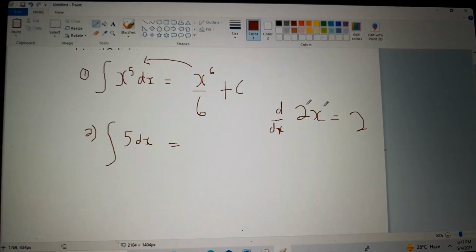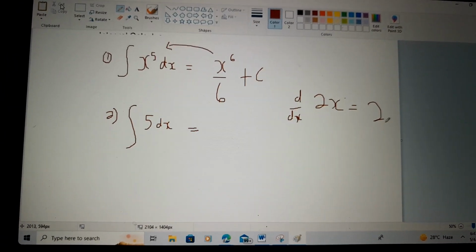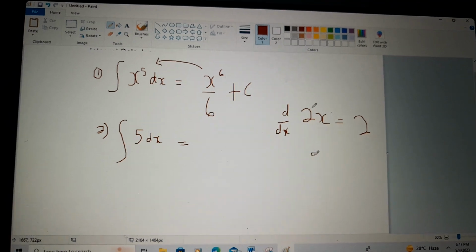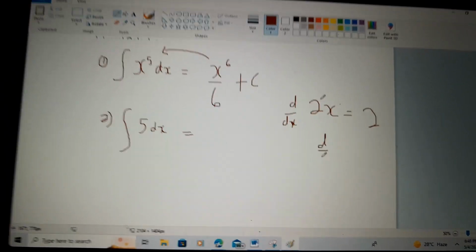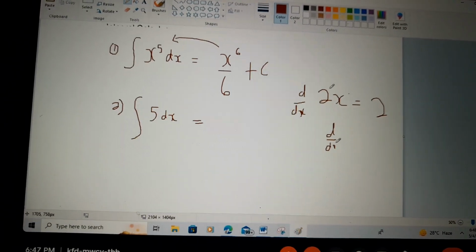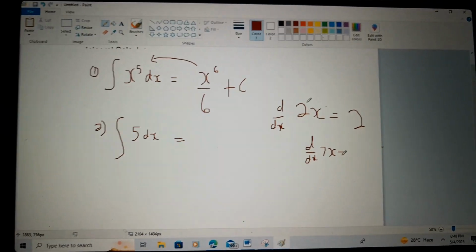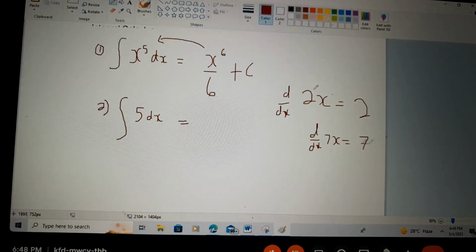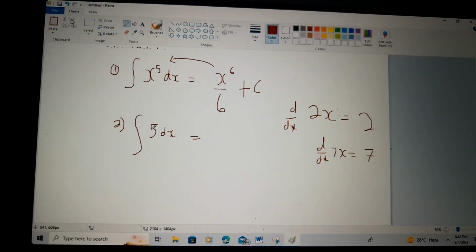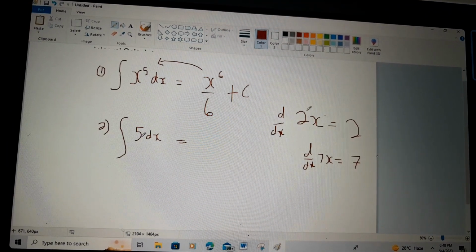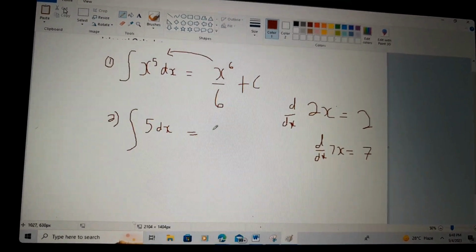If I have 7x and I differentiate it, what will I get? 7. Good. So the only thing I could have differentiated to get 5, it had to be 5x.